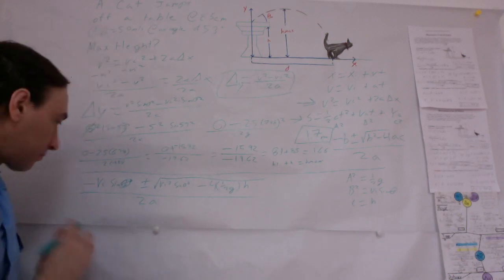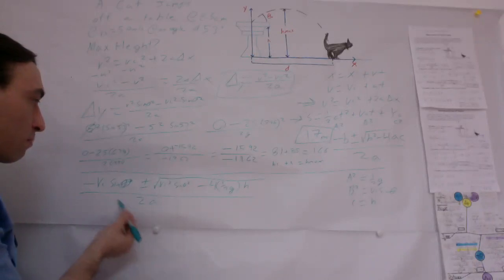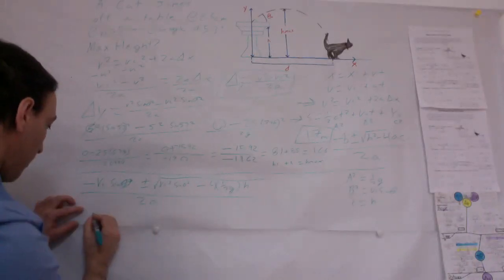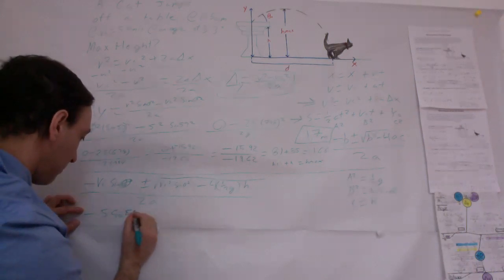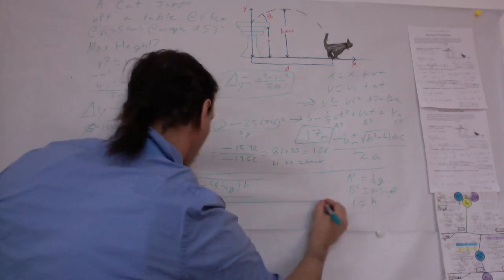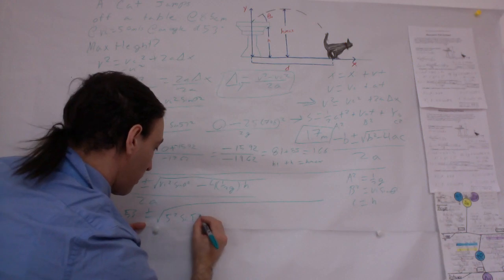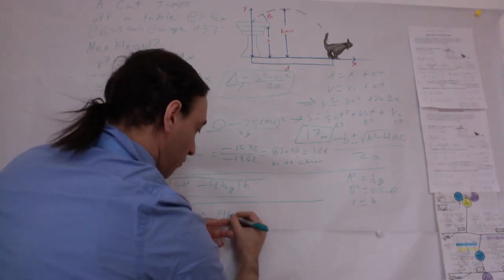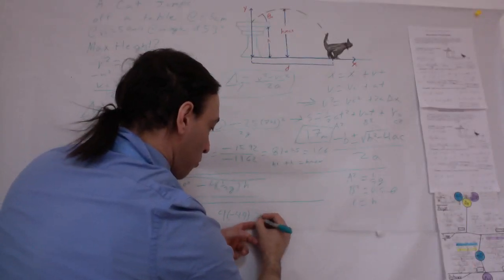Now from there, we can start putting in the actual values. The first one is going to be negative 5 sin 53, plus or minus the square root of 5 squared sin 53 squared minus 4, and you've got the half g, which is going to be negative 4.9, and you've got the h, which is 0.85.